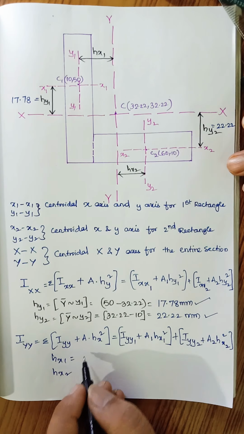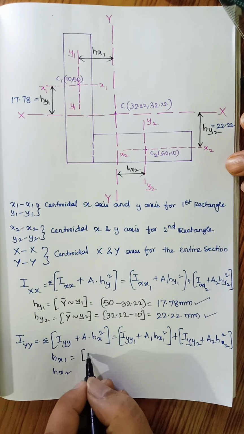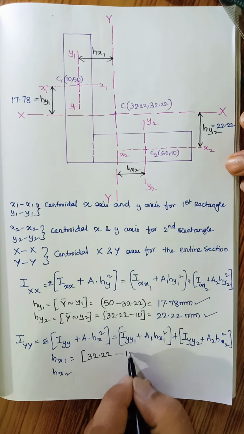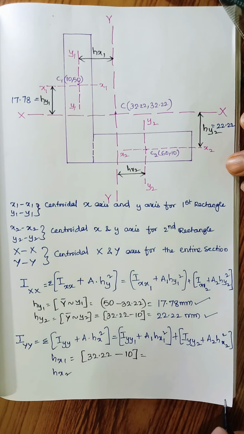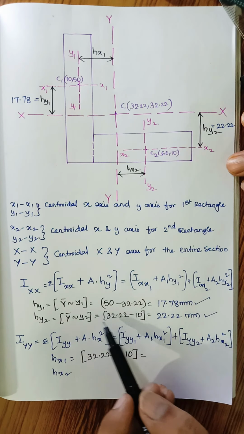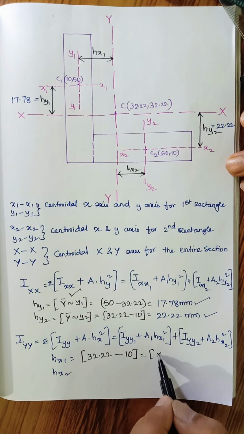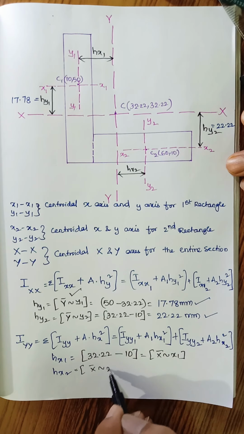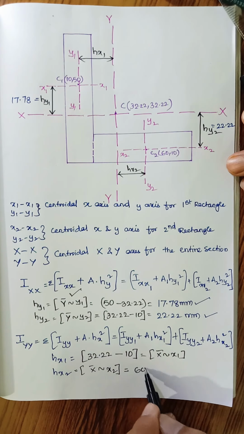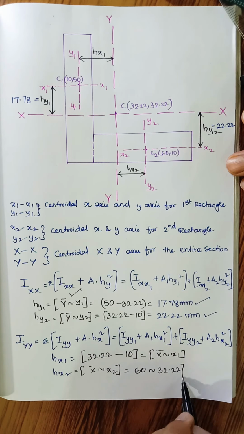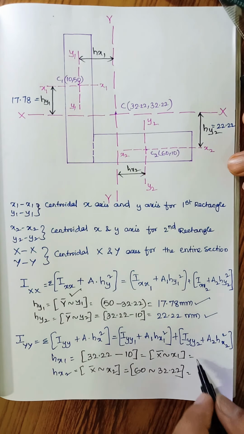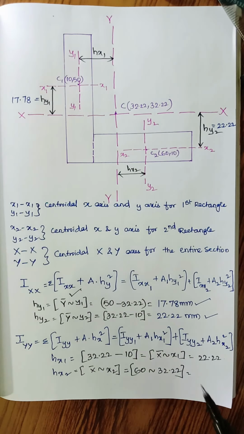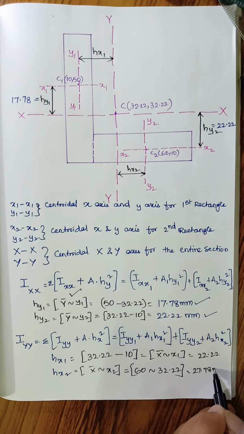So this can be written as 32.22 minus 10. How did we get that? As you have already known, it is the difference of x bar and x1. Similarly, we have difference of x bar and x2. This can be written as 60 minus 32.22. The first one will be the same thing again, 22.22, and the next one will be 27.78 millimeters.